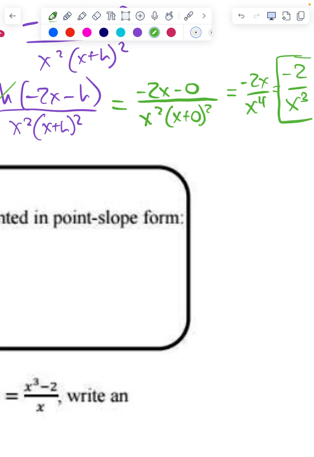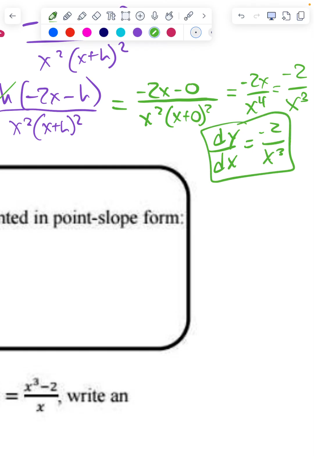Okay, so that is the equation of what? Actually, I shouldn't have boxed it without writing dy dx equals negative 2 over x cubed. Box that instead. But anyway, that's the equation for the slope of any tangent line to that weird function, right?